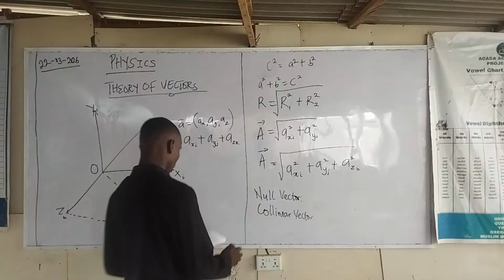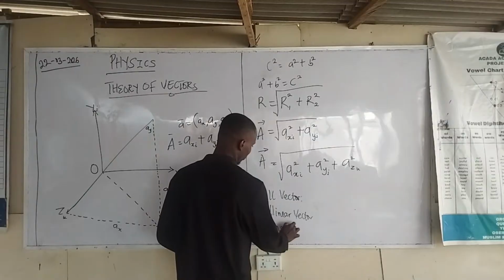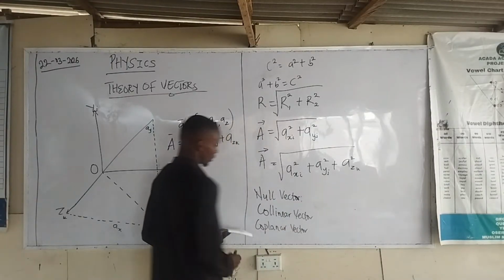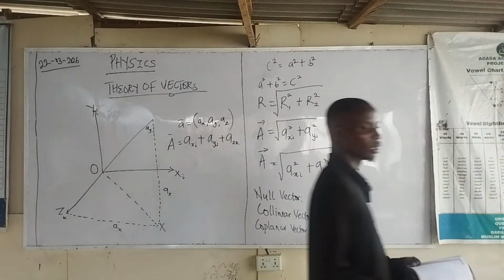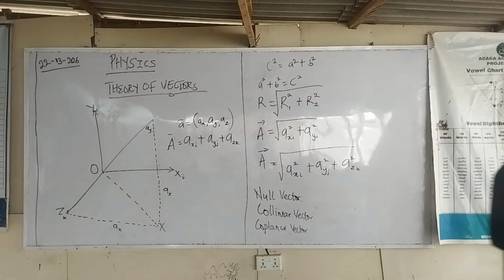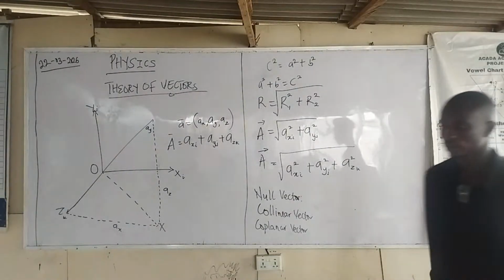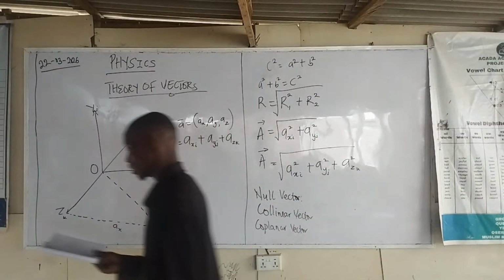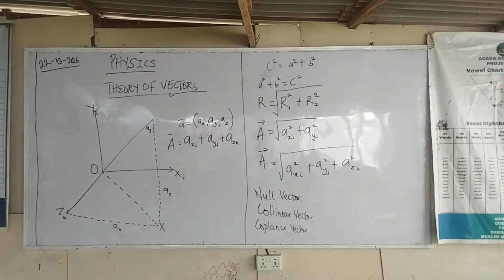Coplanar vector. This is a vector that lies on the same plane.